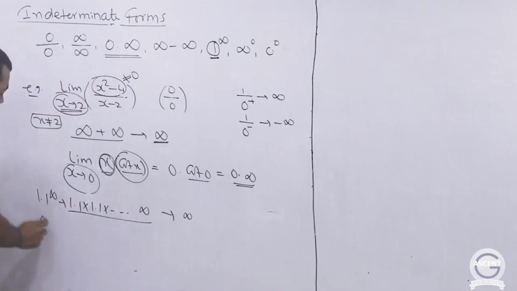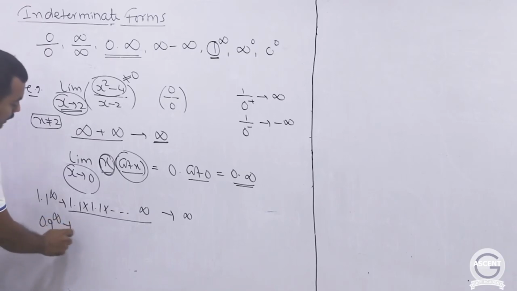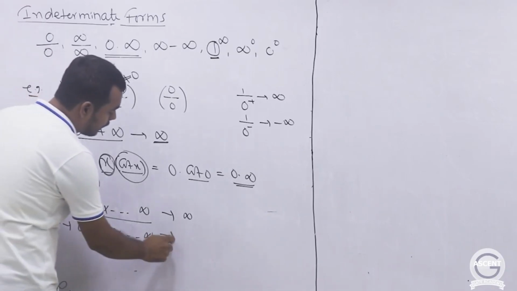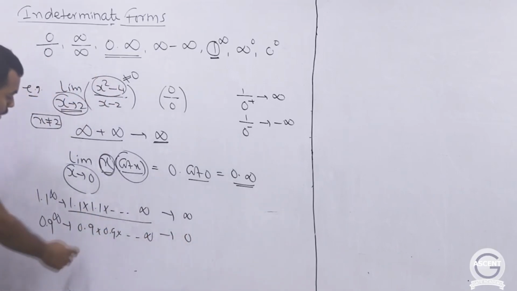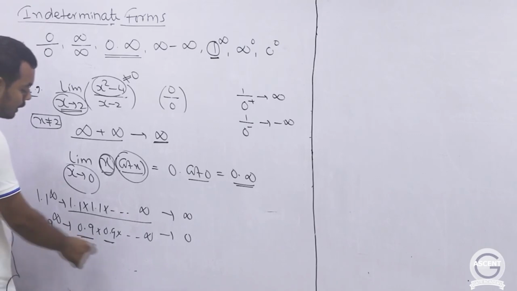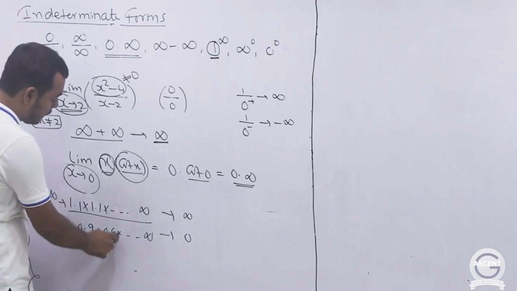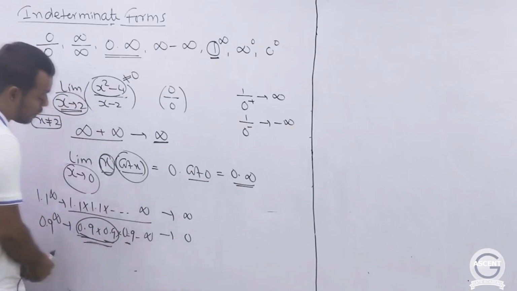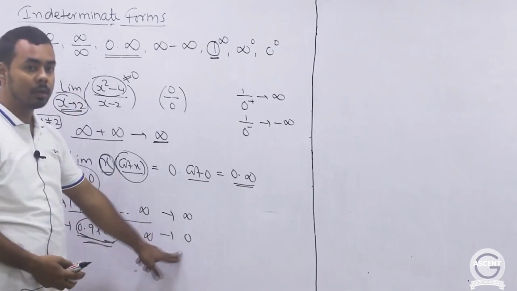But if you have a number slightly smaller than 1 and multiply it infinite times, then you will get a number close to 0, because 0.9 into 0.9 is less than 0.9. This will be 0.9801. Then again multiplied by another 0.9 will be less than this number. So gradually this number will approach 0.